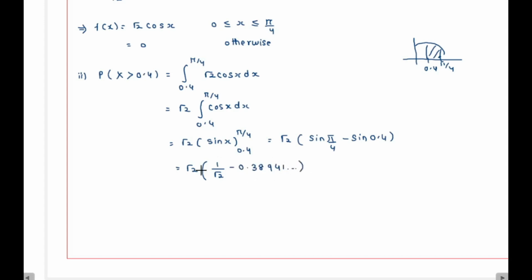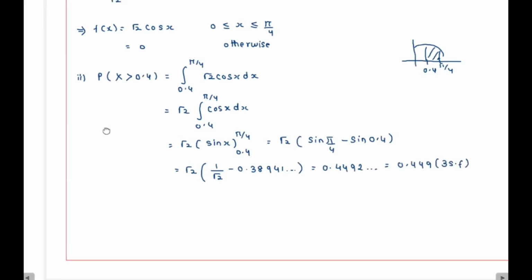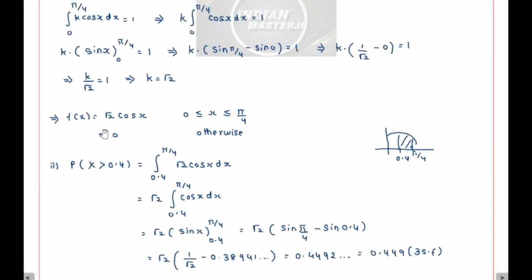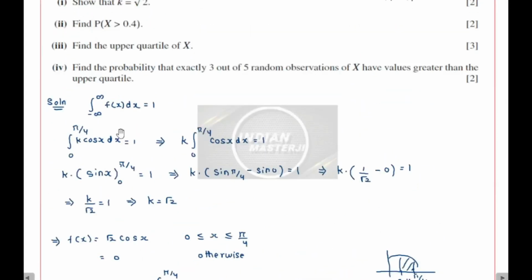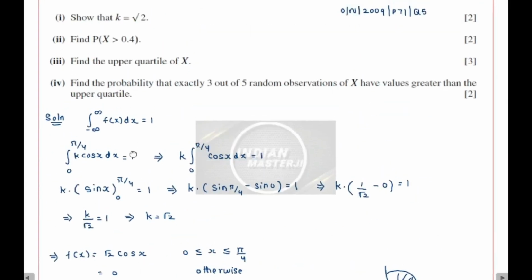If we solve this whole bracket and I multiply the answer with root 2, I get something like 0.4492 something. So in 3 significant figures, I can write the same thing as 0.449. Okay. So this answers the second part of the question, that is probability of x greater than 0.4.